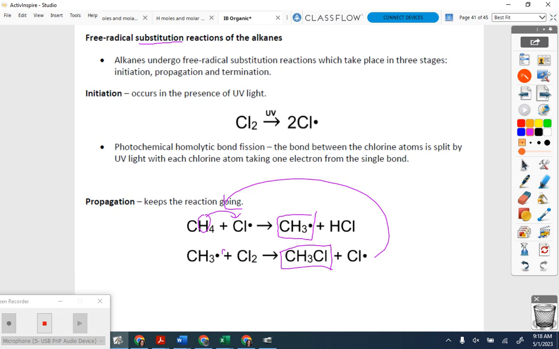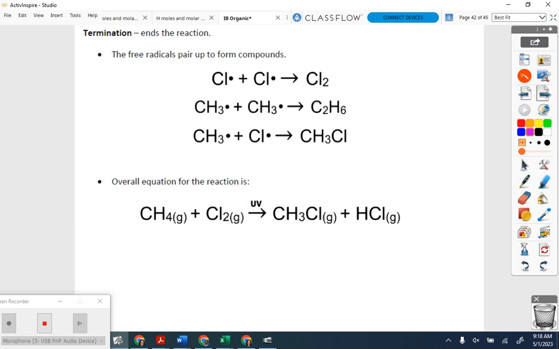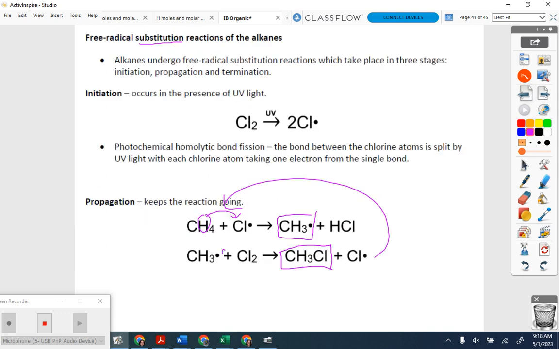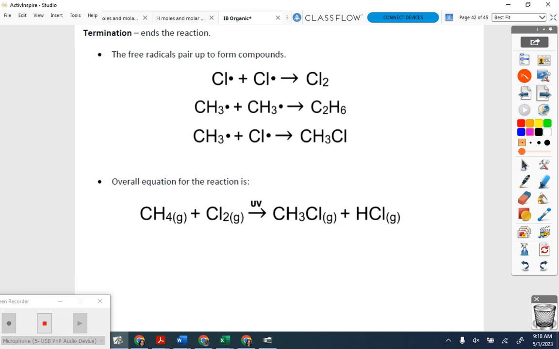Okay. And then termination. At some point, there are going to be enough of the free radicals to get together to reform compounds. Either the free radical chlorines coming together to remake a Cl2 molecule, or the free radical methyls coming together to make an ethane.